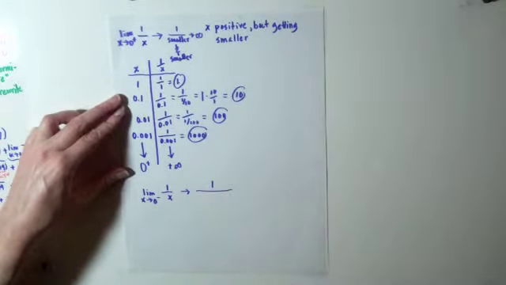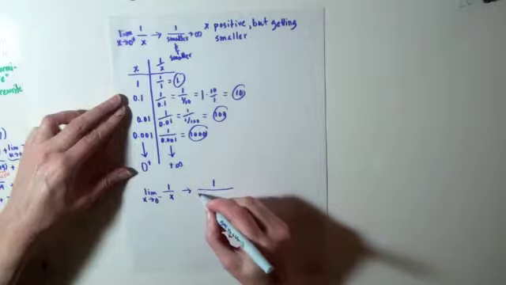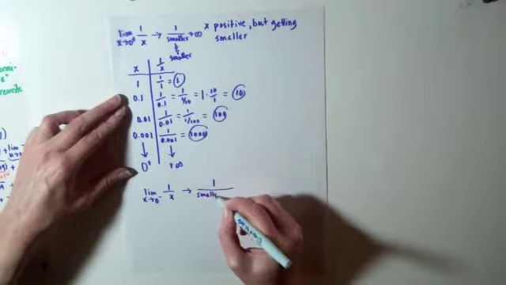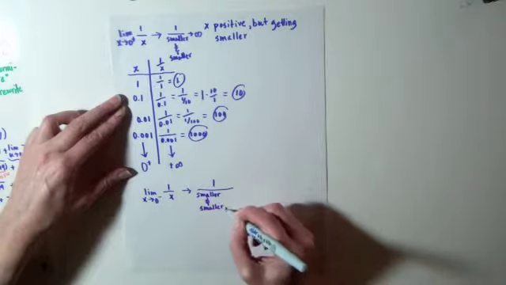The bottom is getting smaller and smaller in size, in absolute value. The values are actually increasing, but in terms of the absolute value, we could say the bottom is getting smaller and smaller. I'm going to say, but negative.